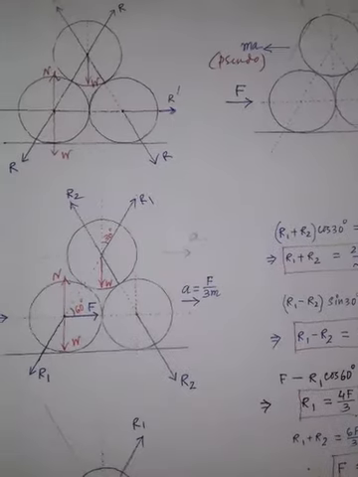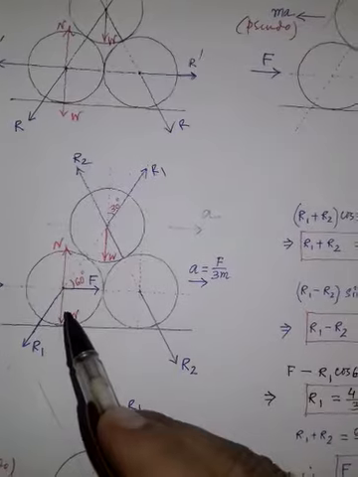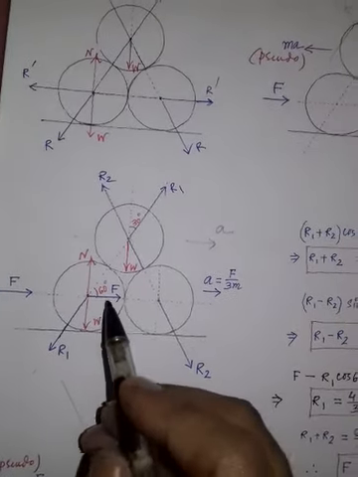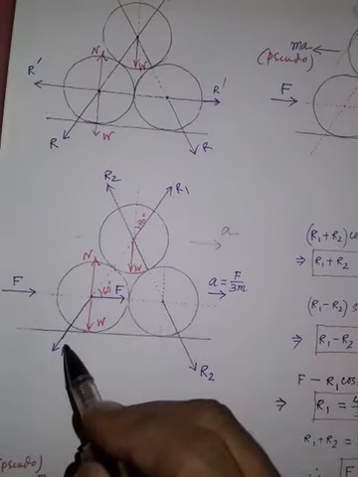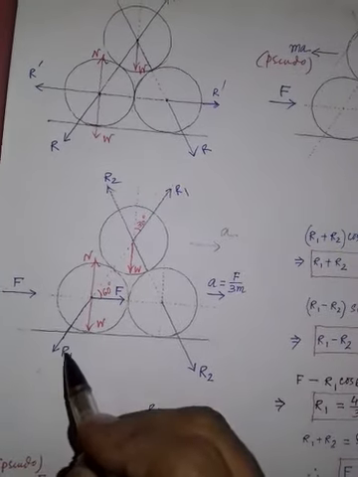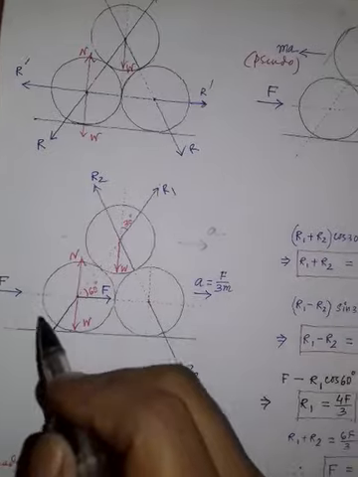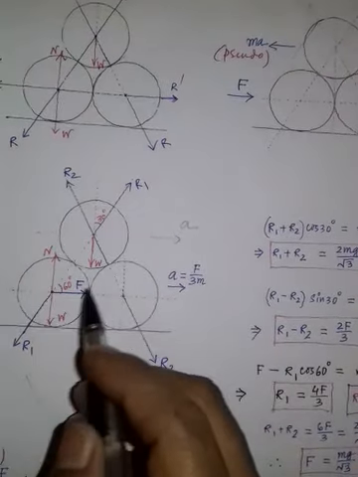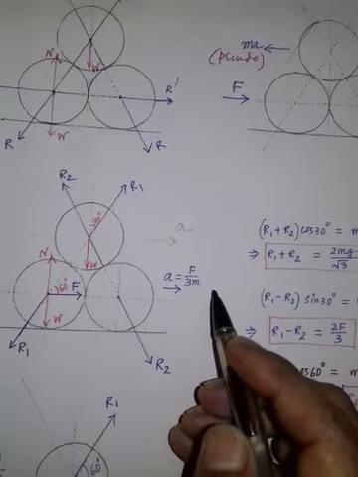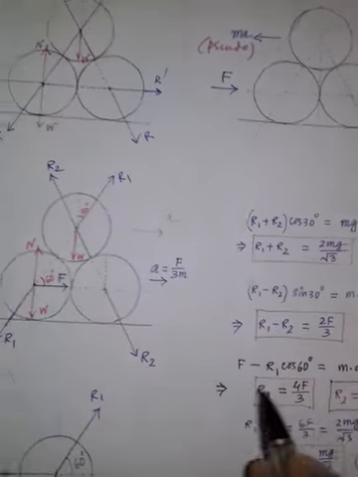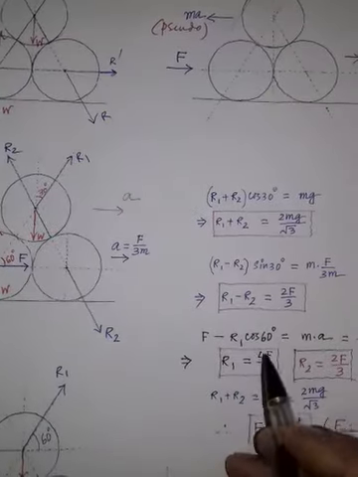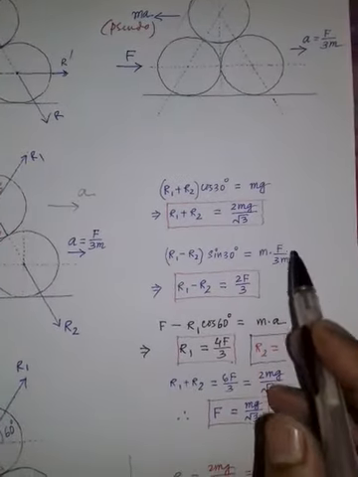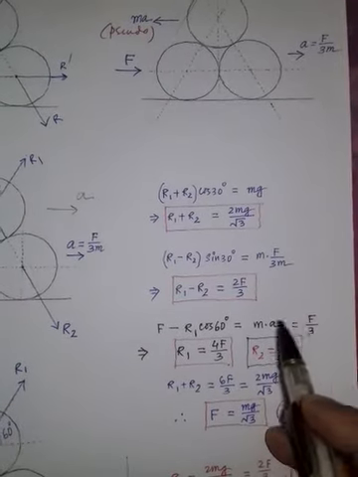Now consider the horizontal motion of this lower one. We can write F minus the component of R1 along this direction, that is R1 cos 60, which will make this cylinder move rightward with the common acceleration a. So F minus R1 cos 60 is equal to ma, but ma is nothing but m into F by 3m, F by 3.